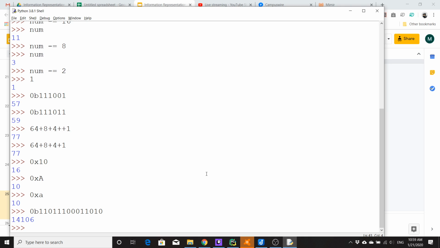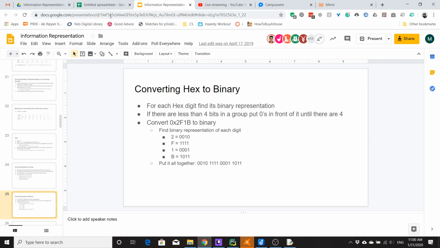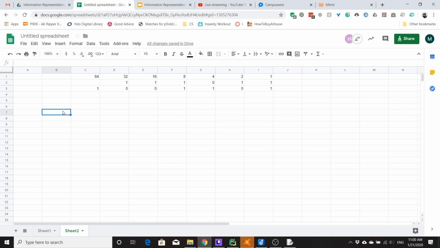So what's going to be the binary value of, let's see, 0x1345AC? What's that guy's binary value going to look like? So again, if we break it apart, we just have to translate each and every individual character that we have.